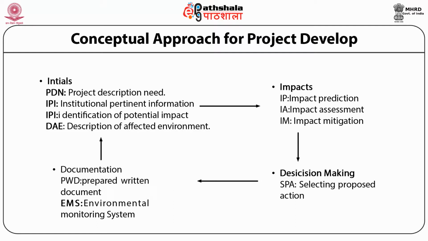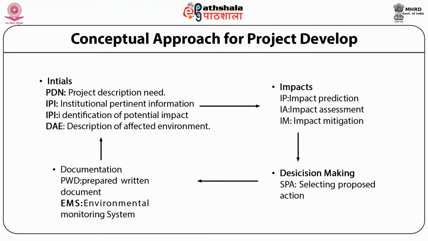It means whatever legal requirement is necessary for the project development is associated at this step. Then the third step is the IPI, that is, identification of potential impact, where the activity of the project is carried out and what kind of potential impact has been depicted on the existing environmental condition.